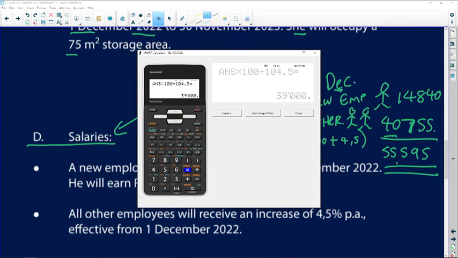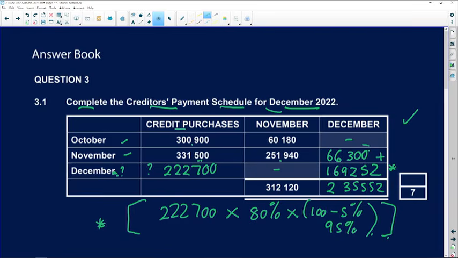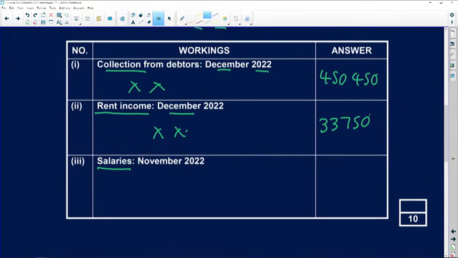So if I take 39,000 times 104.5 divided by 100, am I still getting that amount? Yes, I am. Okay, so the old employees, the November salary, 39,000. Okay, so this amount here, 39,000. Okay, as you can see with cash budgets, quite a bit of calculation, but remember guys, it's not difficult calculation. Just read through the information, take a few minutes to think about it, and you'll find it's quite logical.